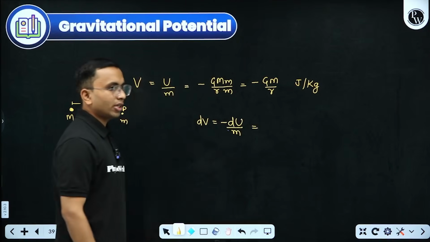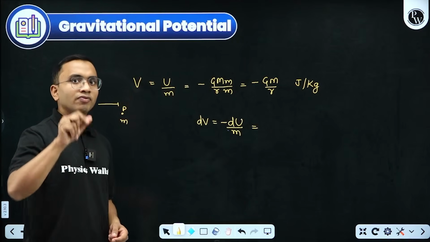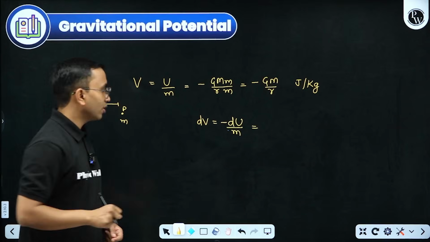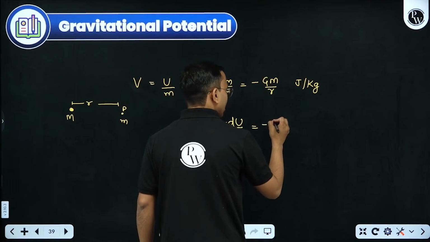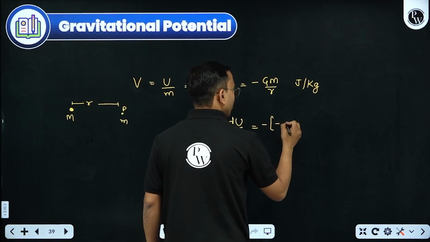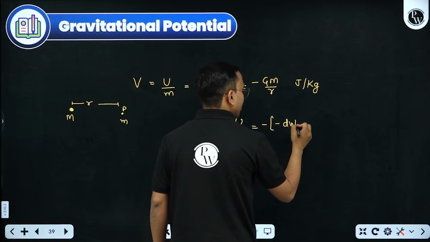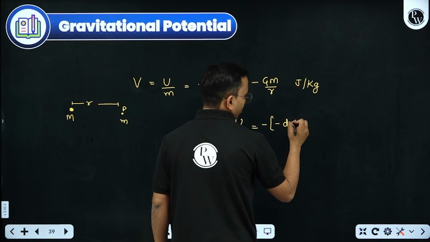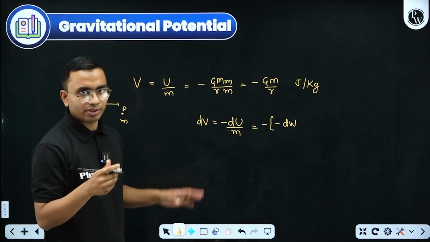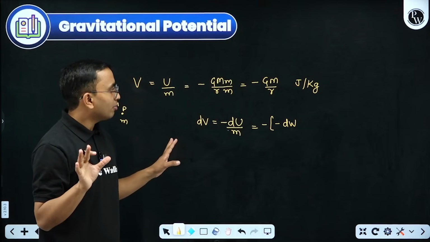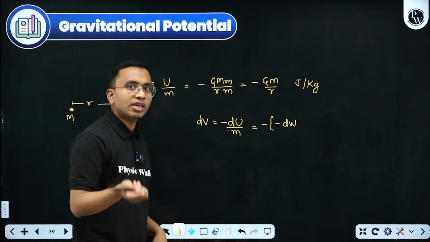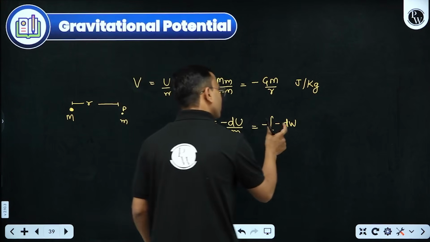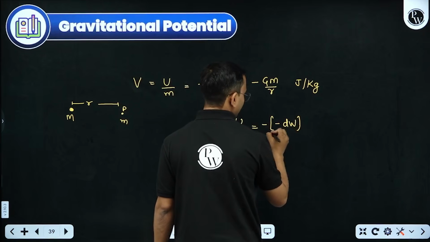The change in potential energy is the negative of work done by the gravitational force. Sorry, by mistake I mentioned the electrostatic force; here we are considering gravitational force.